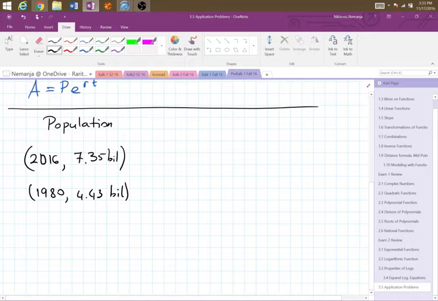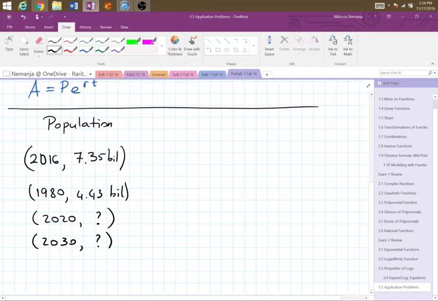So let's say that you want to know the population in what year in the future? 2020? 2030. All right, so the first thing that we should do is what you guys usually did on your labs so far, I hope, is to take these years and zero them out, right?